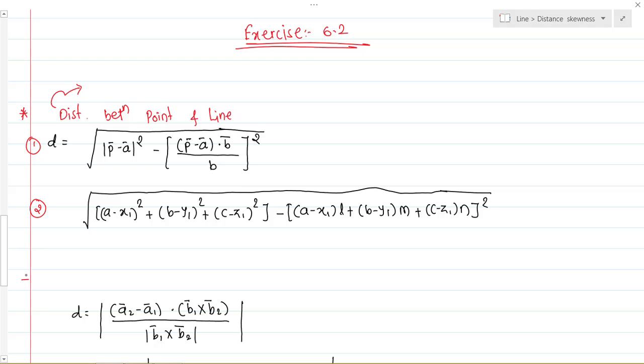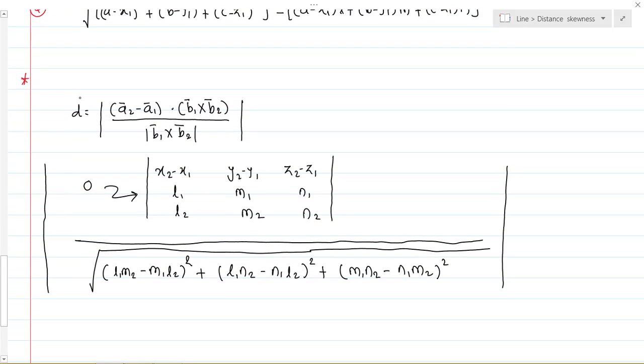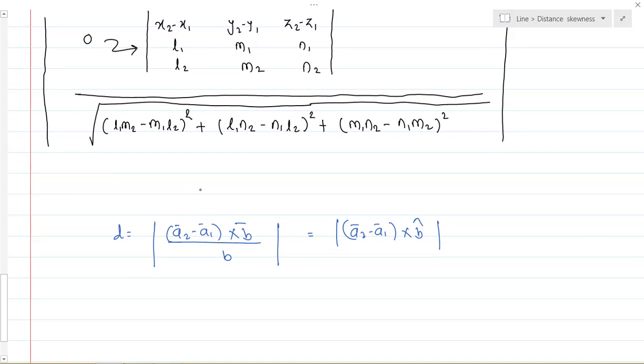The next set of two formulas is for the distance between the line and line. Okay, line and line. So I have given you this summary in the last video, and at the end we have the distance between the two parallel lines.